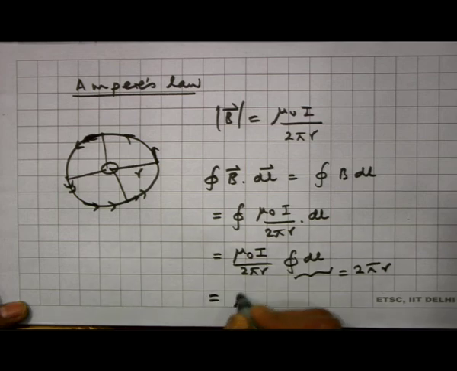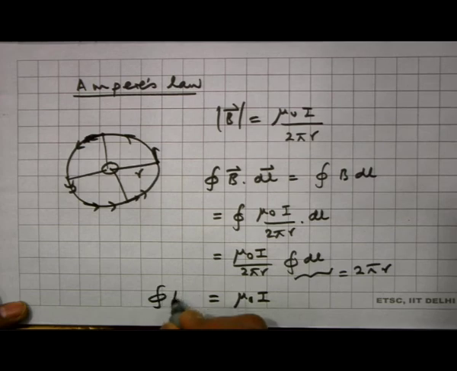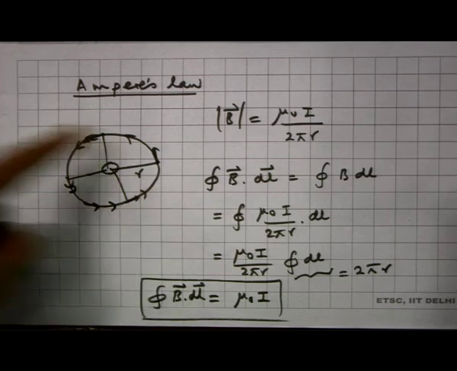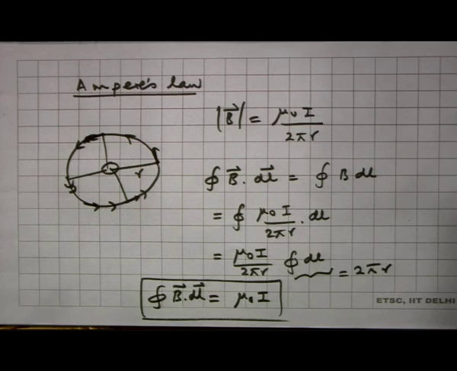So, this is nothing but mu naught I. What I have shown is that for this case, integral of B dot dl gives me mu naught I, for a circular path around the current carrying conductor.